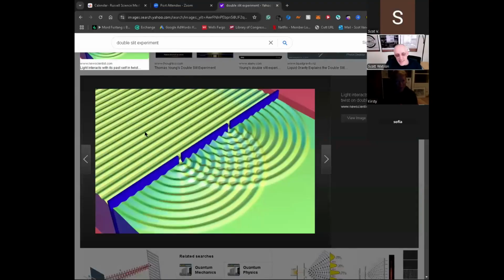We can imagine if this is water, and you put a little stick that would just float on the water, going along like this. And when it went through this slit, it's kind of random. It might go over here and follow these waves, or it might go this way and be jostled around.